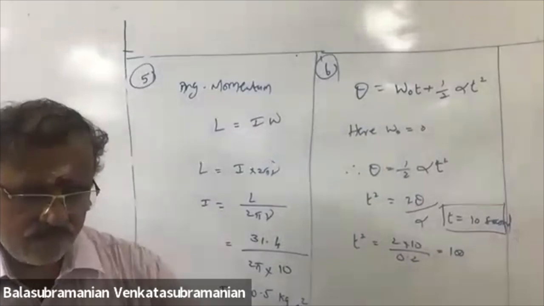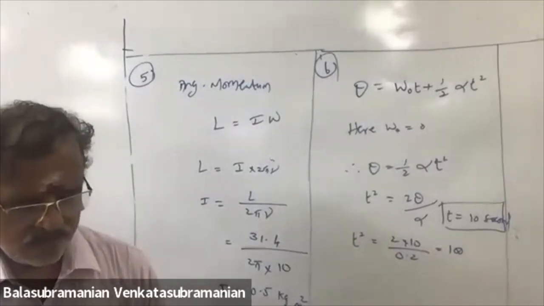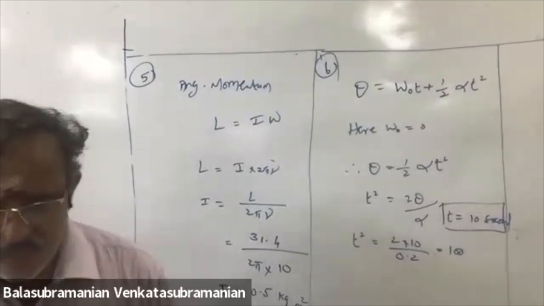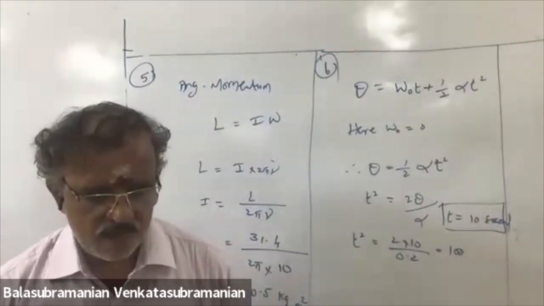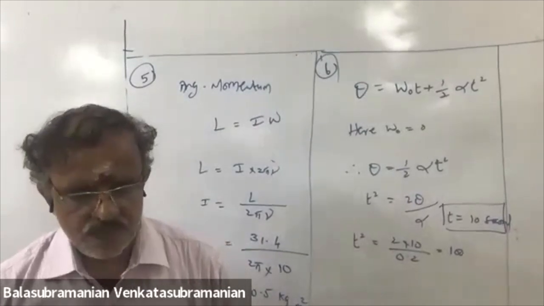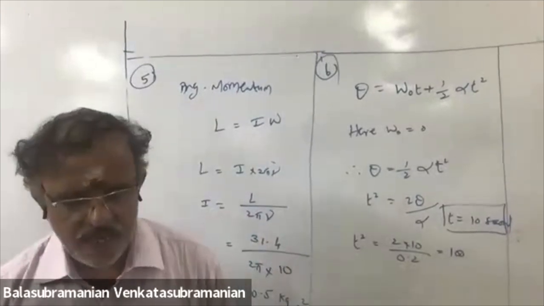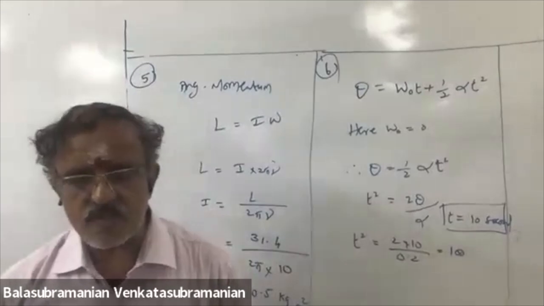Seventh problem. A car moving at a speed of 72 km per hour. The diameter of its wheels is 0.5 meter. If the wheels are stopped in 20 rotations by applying brakes, calculate the angular acceleration produced by the brake.